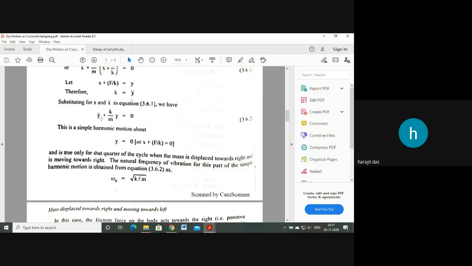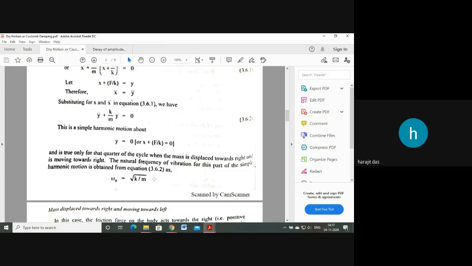Here the equation is with respect to y, isn't it? So y means x plus f by k equals 0. With respect to this line, the system is having simple harmonic motion, and the natural frequency of this system is omega n equals square root of k by m.